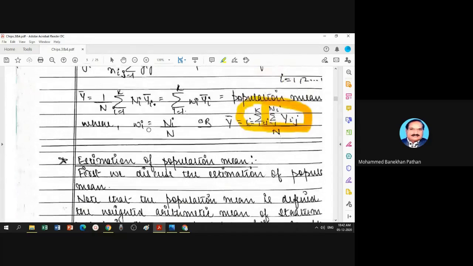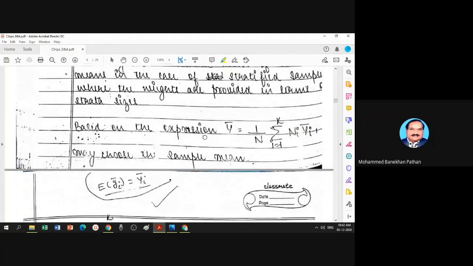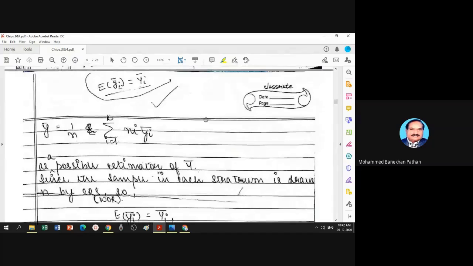I told you just now, Wi is Ni upon N, so the weightage is proportional to the stratum size. Based on the expression Y bar equals 1 upon capital N, summation i from 1 to K, Ni multiplied by Y bar i, we may choose the sample mean. This is the overall sample mean, 1 upon small n, summation i from 1 to K, ni multiplied by y bar i dot, small.